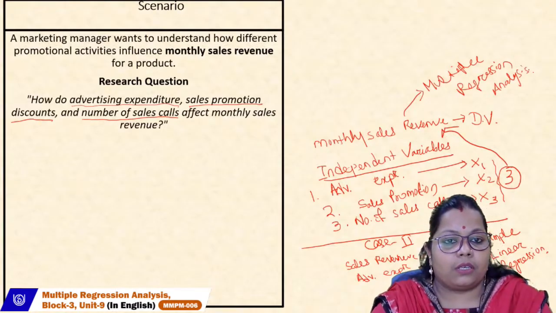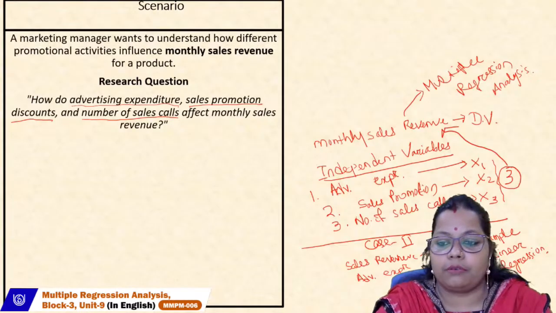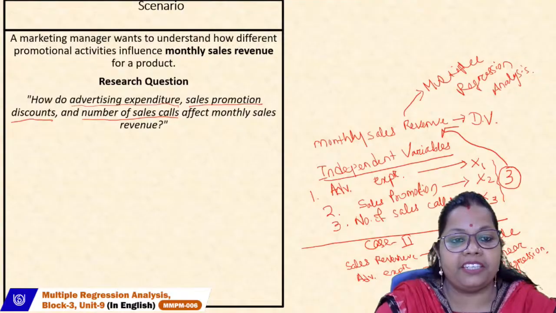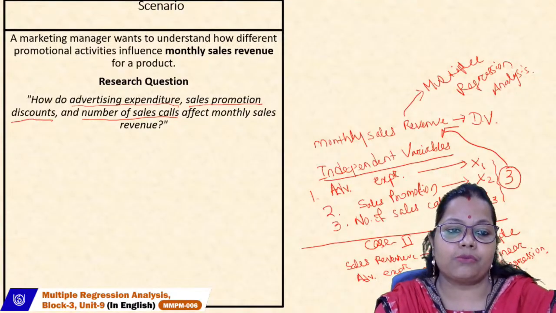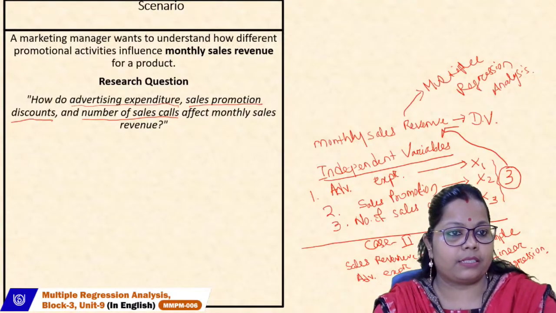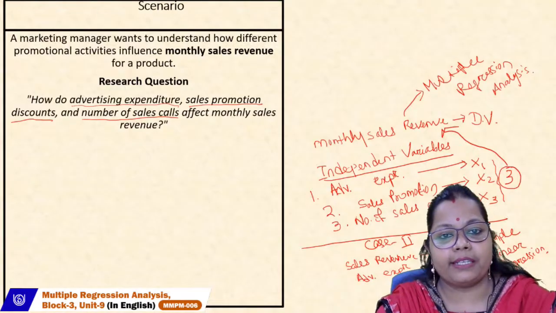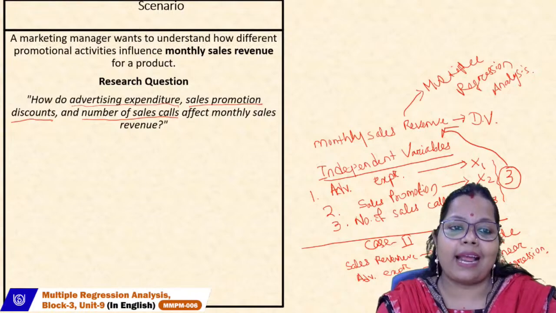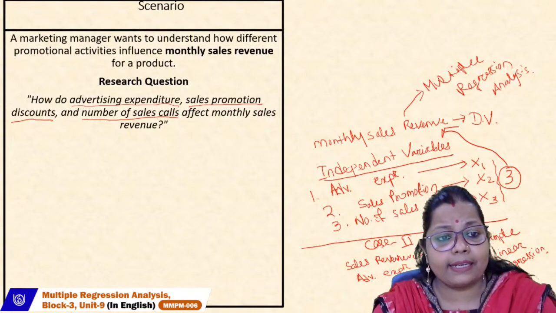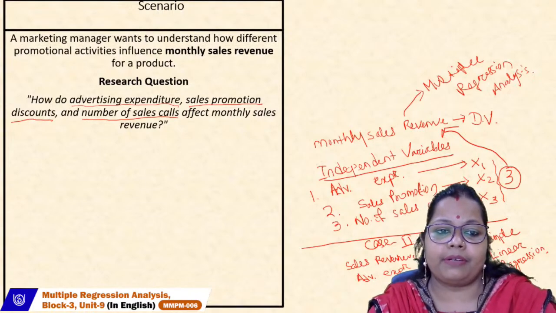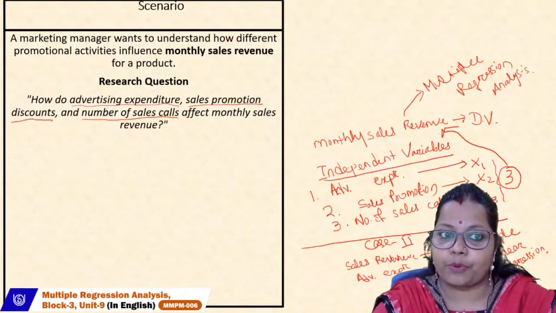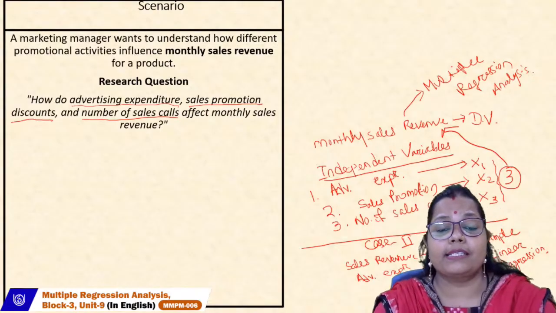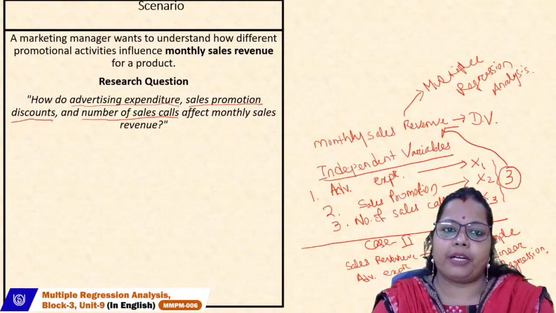So let us talk about how the research question will look when it is a case of simple linear regression analysis. Now the research question will be something different, and the scenario will be a little different too. There should not be promotional activities, but we can directly say, what is the impact of advertising expenditure or sales promotion or number of sales calls on the monthly sales revenue of a product?